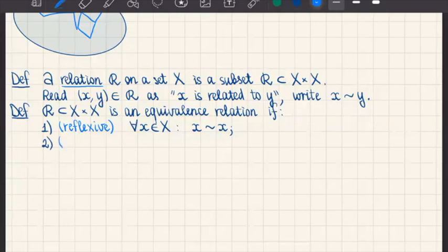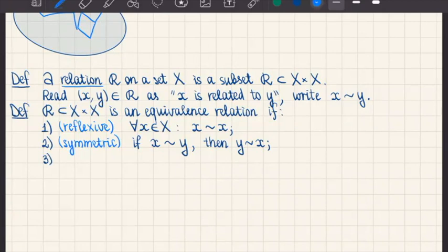We want R to be symmetric, which means that if x is related to y, then y is related to x.